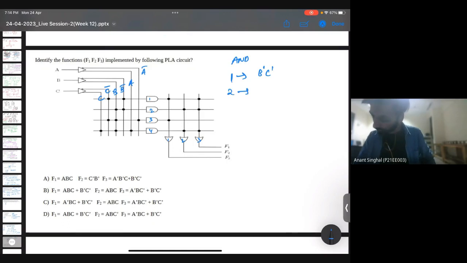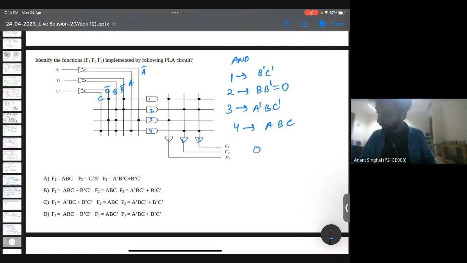Second it is B bar into, sorry, so this will give 0. Third it is B C bar. Fourth is A, then B, then C.